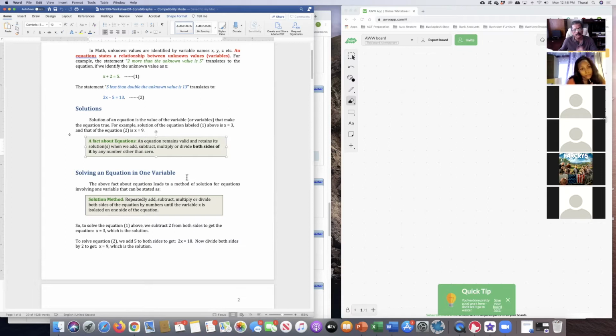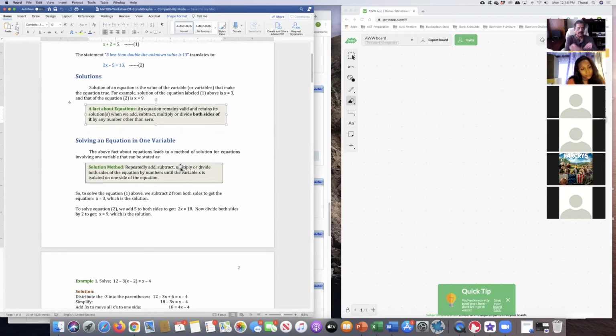So that is the fact about equations that we take advantage of to solve the equation. The solution method that you learned in your basic algebra class was to add or subtract things from both sides until the unknown quantity is isolated on one side.